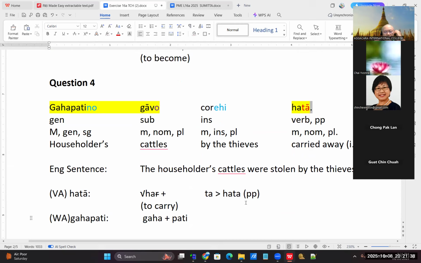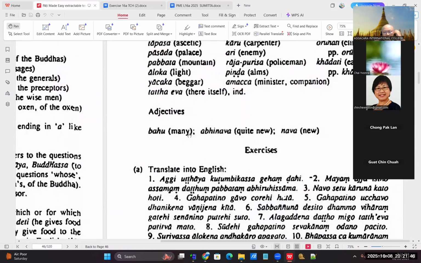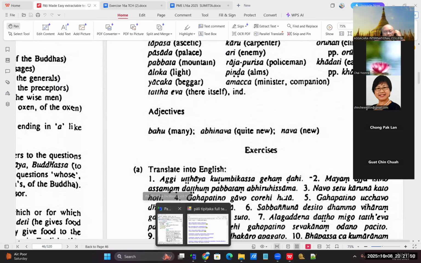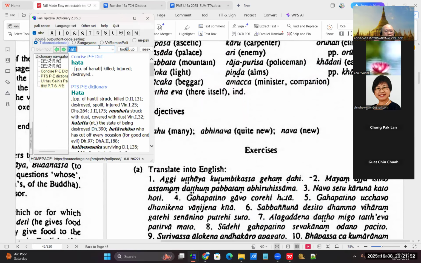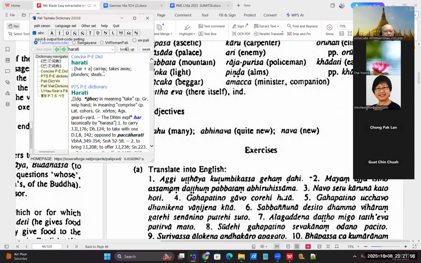Hata and hata, which is correct? Hata, there's no dot below. Harati is carry away.